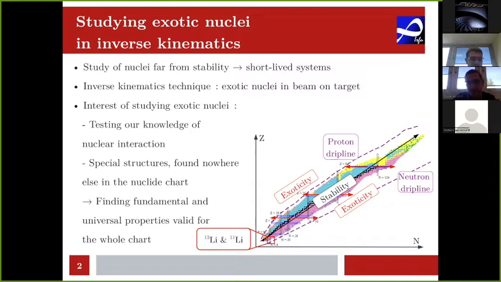And they made it possible to find fundamental and universal properties of the atomic nucleus that are valid for the whole chart.